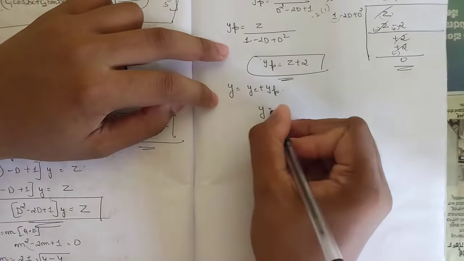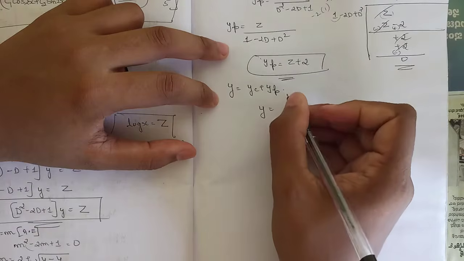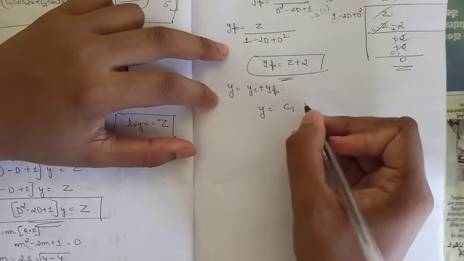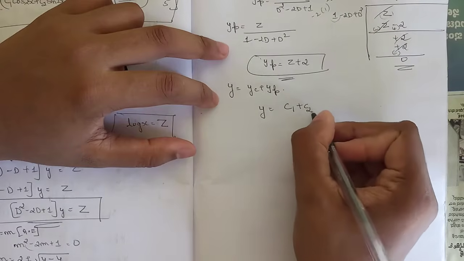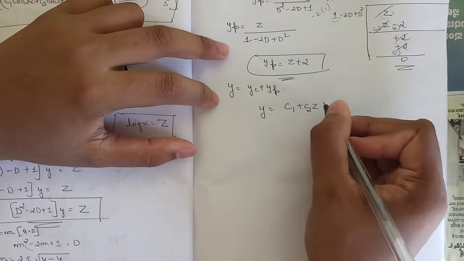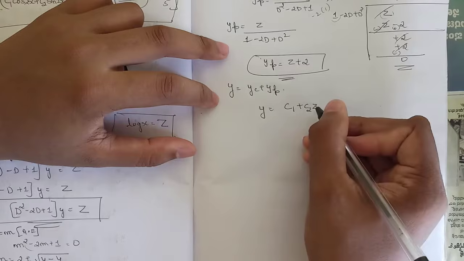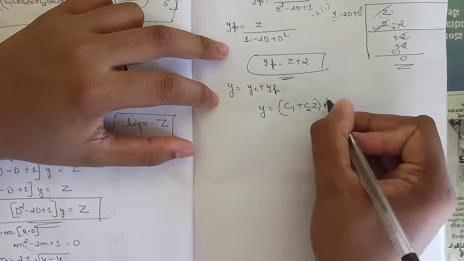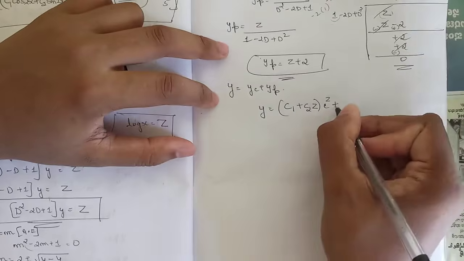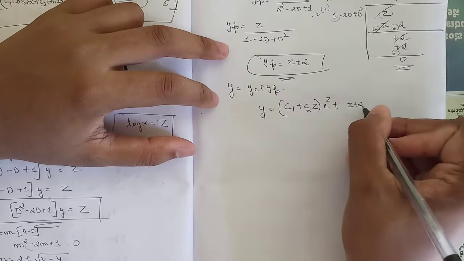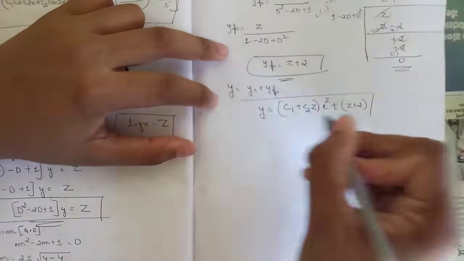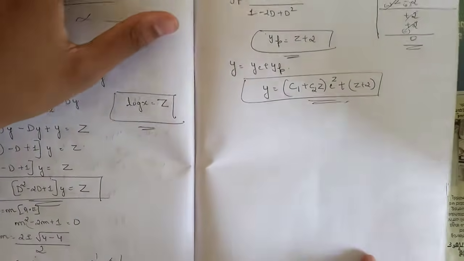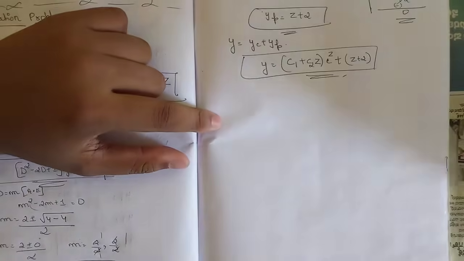We got yc as c1 plus c2 z. I had written x in the complementary function while solving, so replace it by z, into e power z, plus the particular integral z plus 2. Normally this would be our final answer, but in this case this is not your final answer.